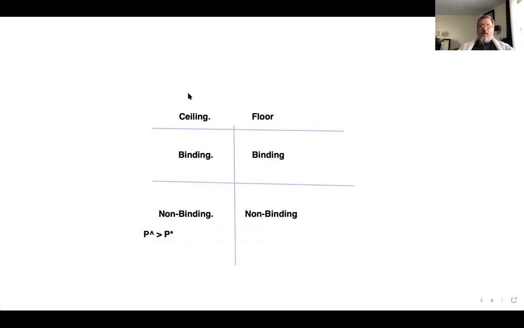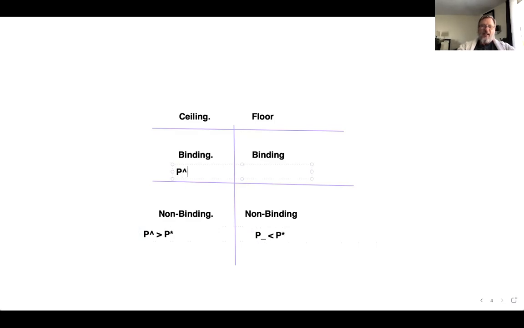And for a non-binding floor, which is P underscore, it's going to be less than P star, right? And each of them has the other case.